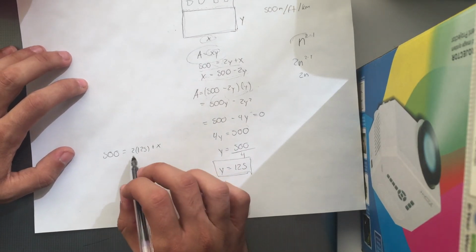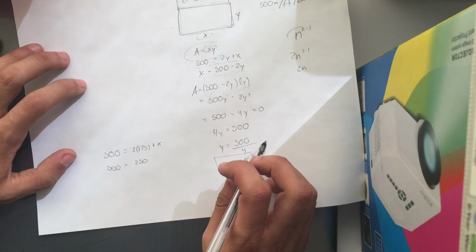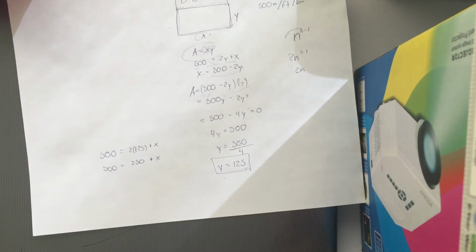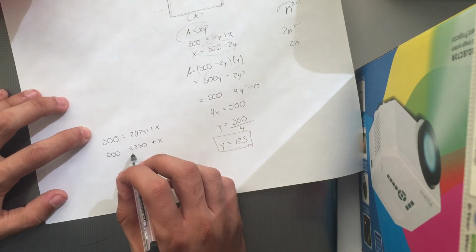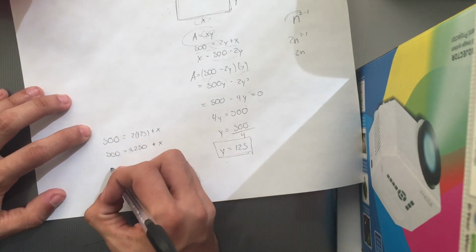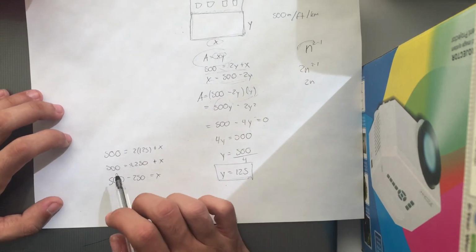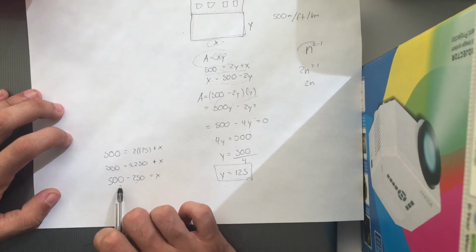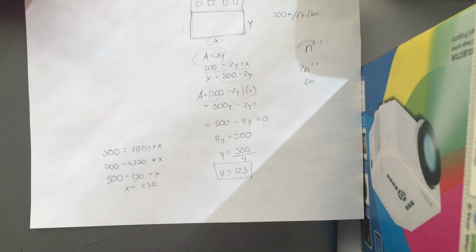So 500 equals 250 plus x. We need to isolate x. As it is positive, we can pass it to the other side in a negative way. So 500 minus 250 equals x. We just need to do the subtraction. x equals 250. We have our two values.